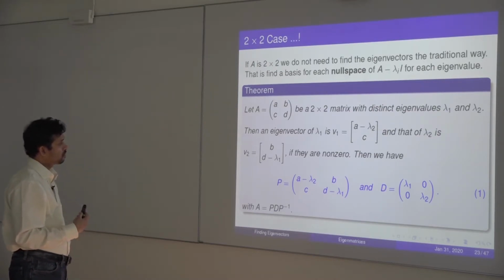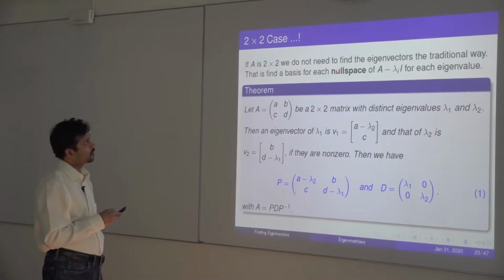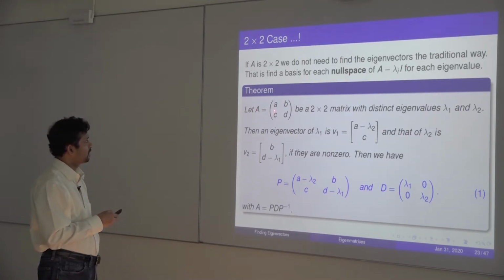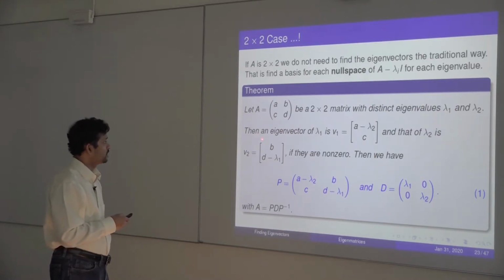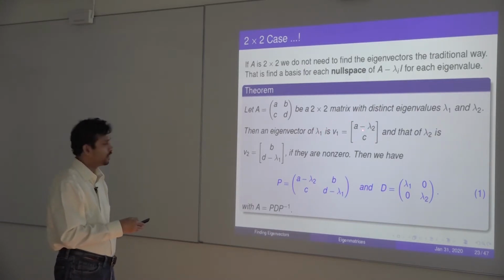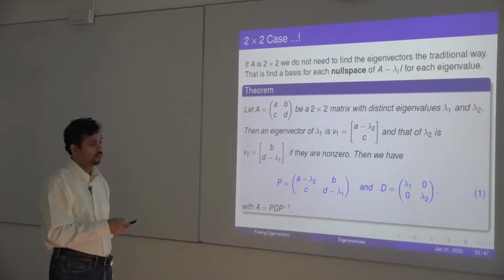So we have a shortcut for 2 by 2. If A is a 2 by 2 matrix, we do not need the traditional way to find the eigenvectors. If A equals [A, B; C, D], a 2 by 2 matrix with distinct eigenvalues lambda 1 and lambda 2, what we can show is that if you subtract what we call the complementary eigenvalue from the diagonal entry, it's going to be an eigenvector for lambda 1.